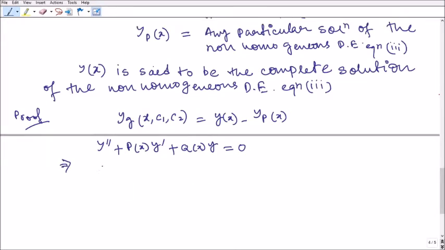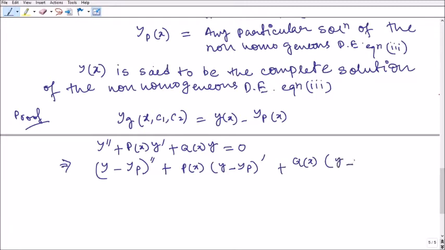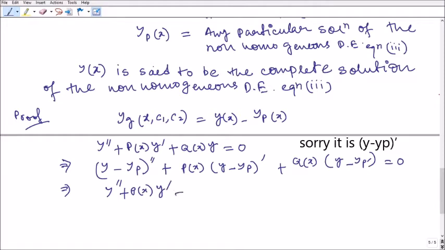Here, (y minus yp) double dash plus p of x (y minus yp) dash plus q of x (y minus yp), that is y double dash plus p of x into y dash plus q of x into y.